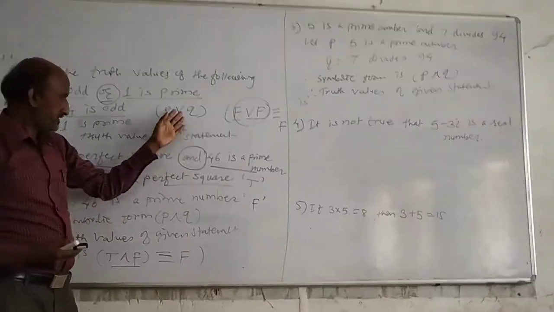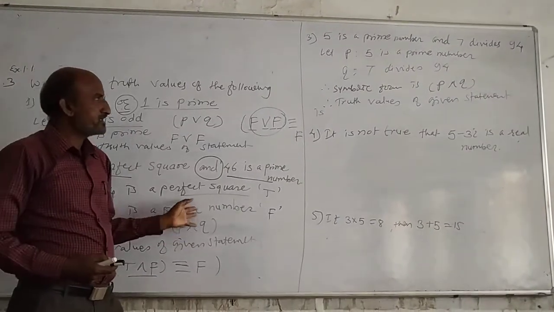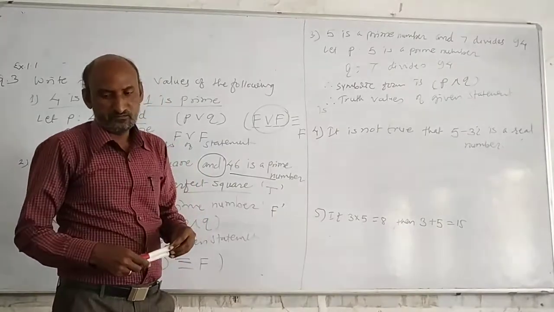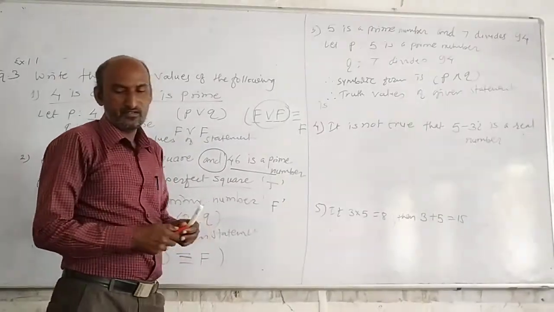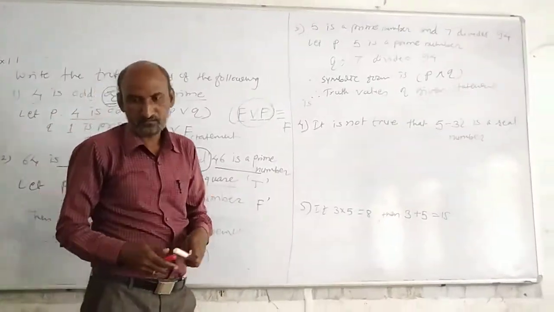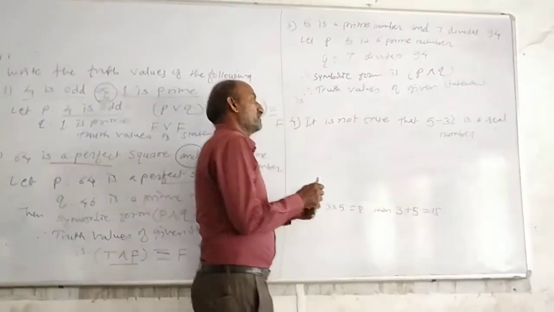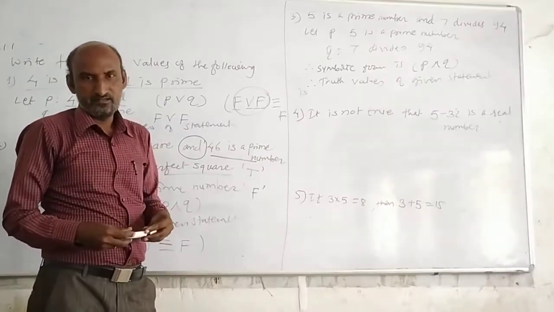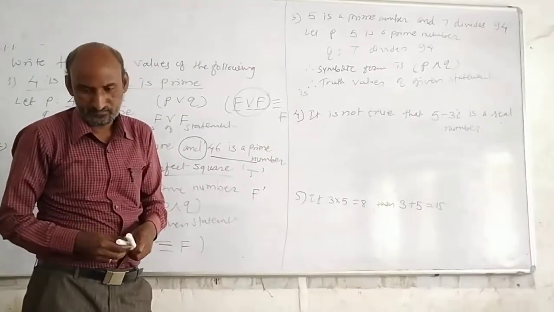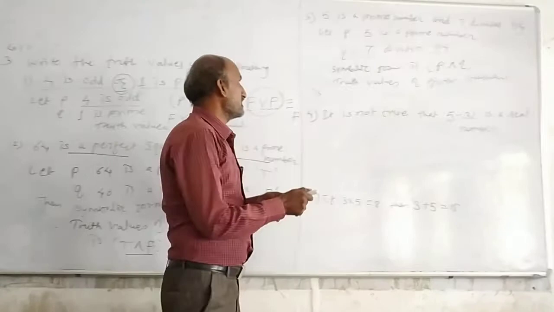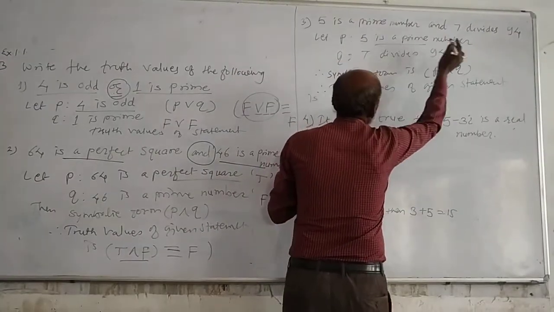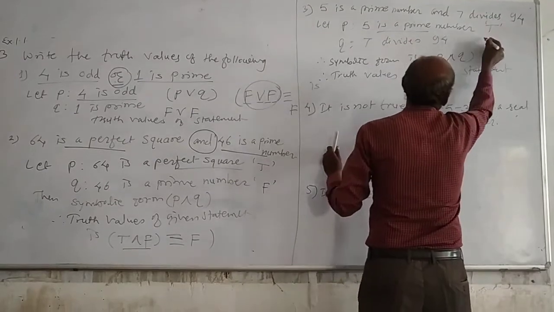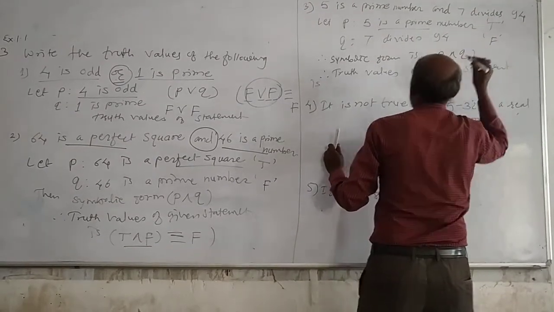Remember that, it depends on these examples. Find out whether 5 is a prime number is true or false. Both P and Q are what? See, the first statement is true, and the second statement is false.